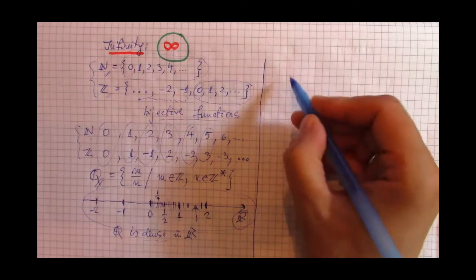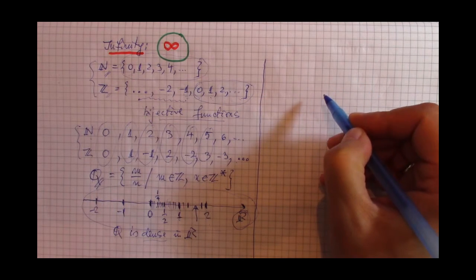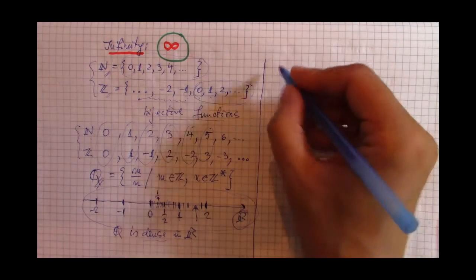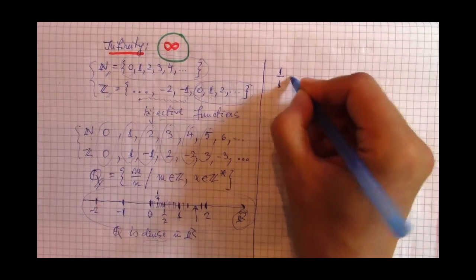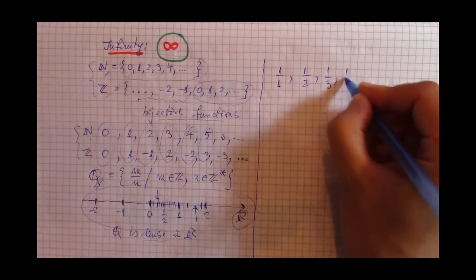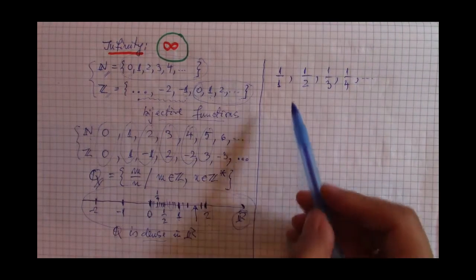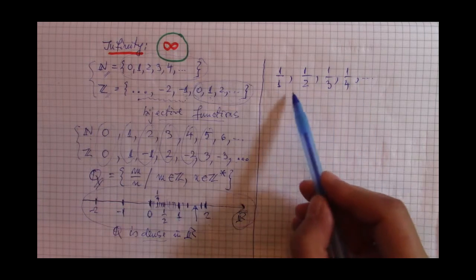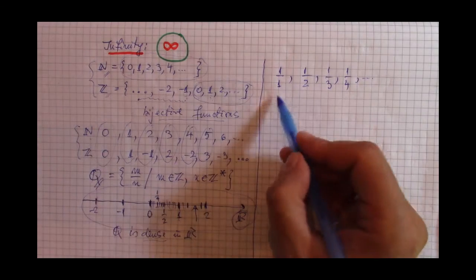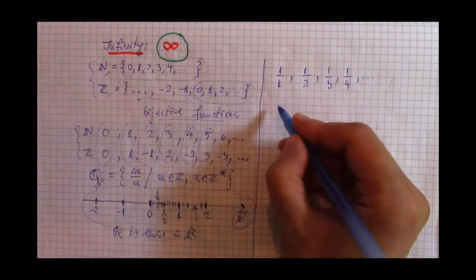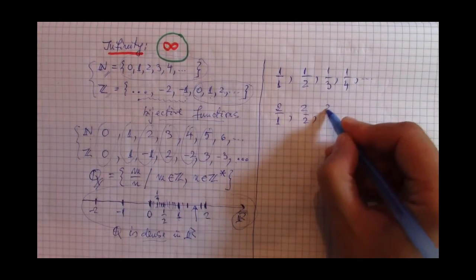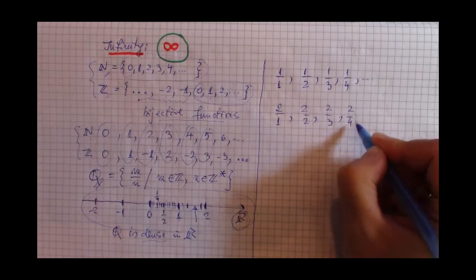Let's write on a row the positive rational numbers with a numerator of 1: 1 over 1, 1 over 2, 1 over 3, 1 over 4, and so on. Underneath, I'm going to write all the rational numbers with a numerator of 2: 2 over 1, 2 over 2, 2 over 3, 2 over 4, and so on.